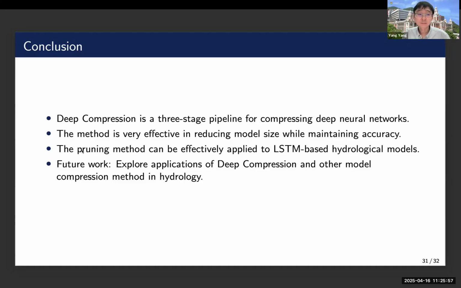Maybe what we can do is to iteratively prune and retrain the weights, and we can also apply quantization technique and Huffman coding and other techniques to further reduce the size of an LSTM network to remove the unused gate, so we can have a better interpretation of the system.